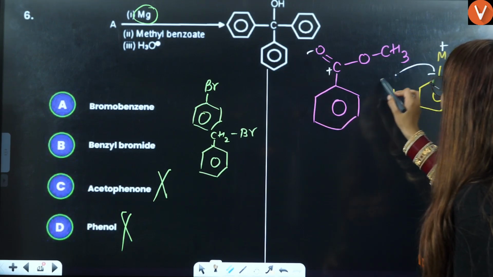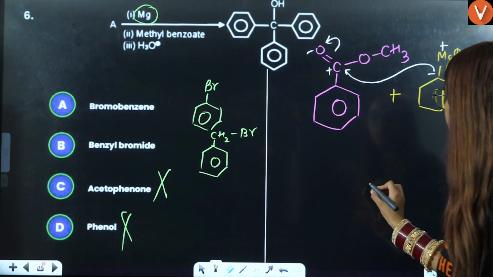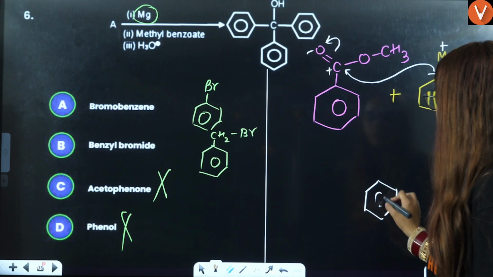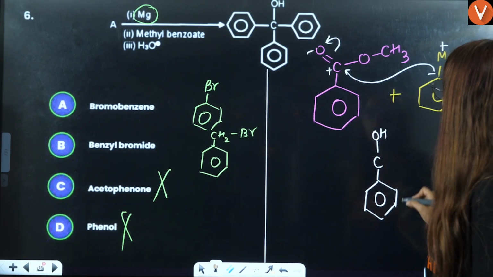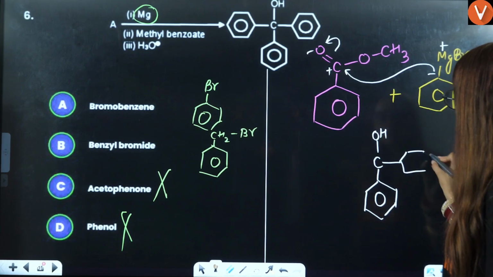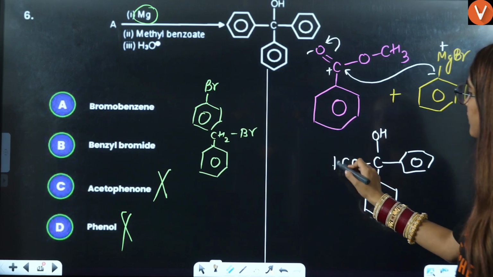So the negative part will attack here, electrons will jump here, and hence what you will have in the end. There will be hydrolysis also. This is benzene, this is C, this will be converted to OH. Here you will have the addition of this, and here you will have OCH3.